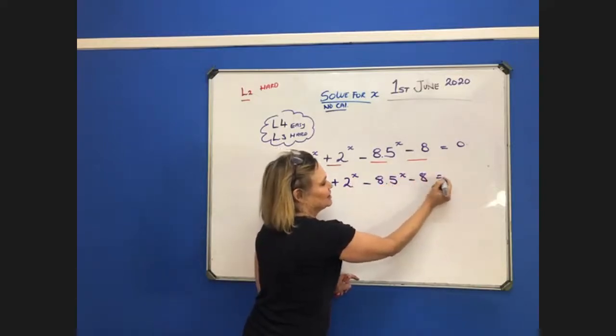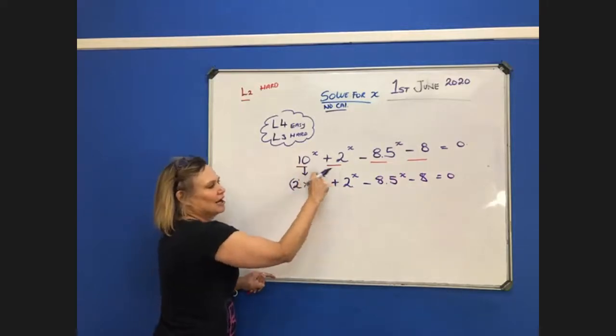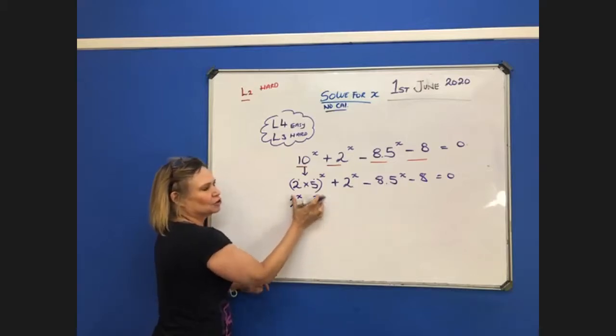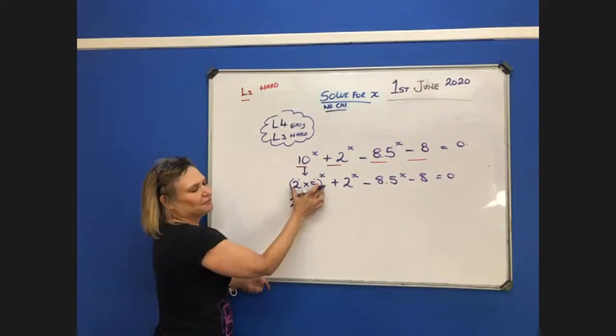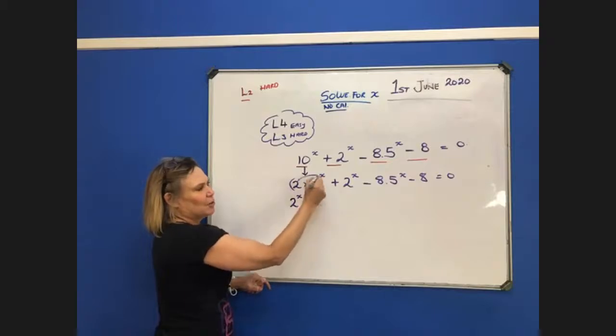Now, if each one has the exponent of x and you multiply, you see that becomes 2 to the x times 5 to the x. Do you all see how that works? Because a lot of you get that very wrong in exams. You think sometimes the power just belongs to the second factor. You've got to share the power.